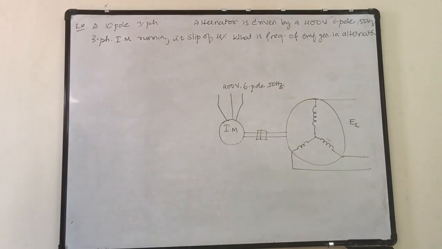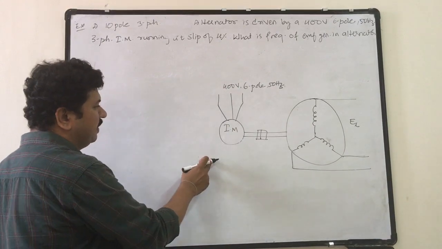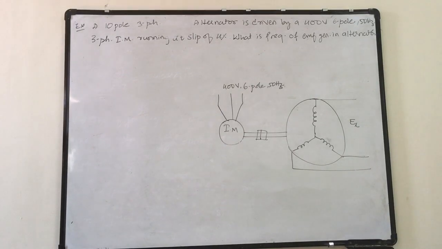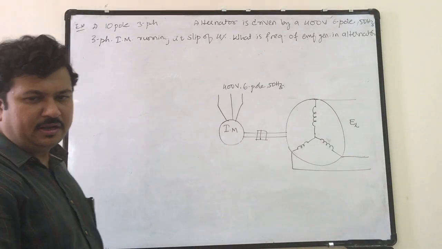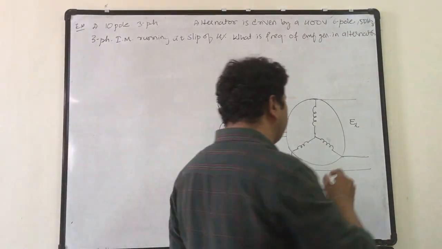There is no meaning in that. That 50 hertz is for motor. So a 50 hertz 6 pole 400 volt motor is supplying its mechanical energy to the alternator. Now motor gives out mechanical energy, generator takes it as mechanical energy and converts it into electrical energy. Now I need to find what is the frequency of the generated EMF.